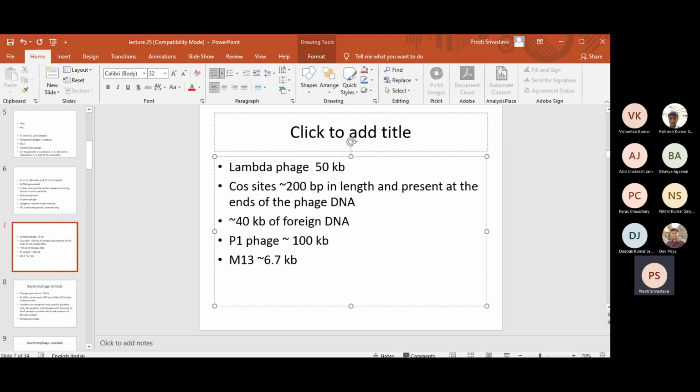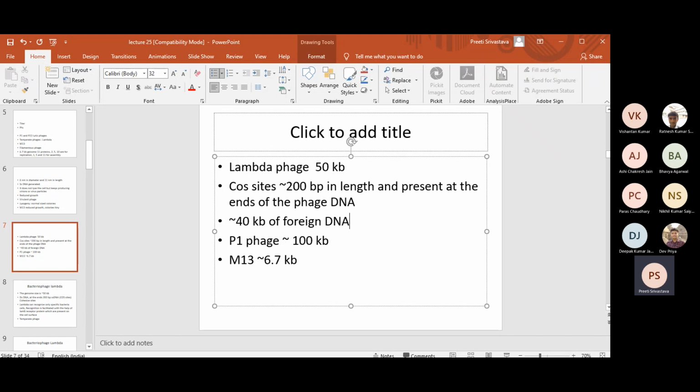In general we say 50 kb, but it's actually 48.5 kb, class. Out of this 48.5 kb, 8.5 kb is required for replication and assembly, but the remaining 40 kb of the phage DNA can be substituted by foreign DNA.